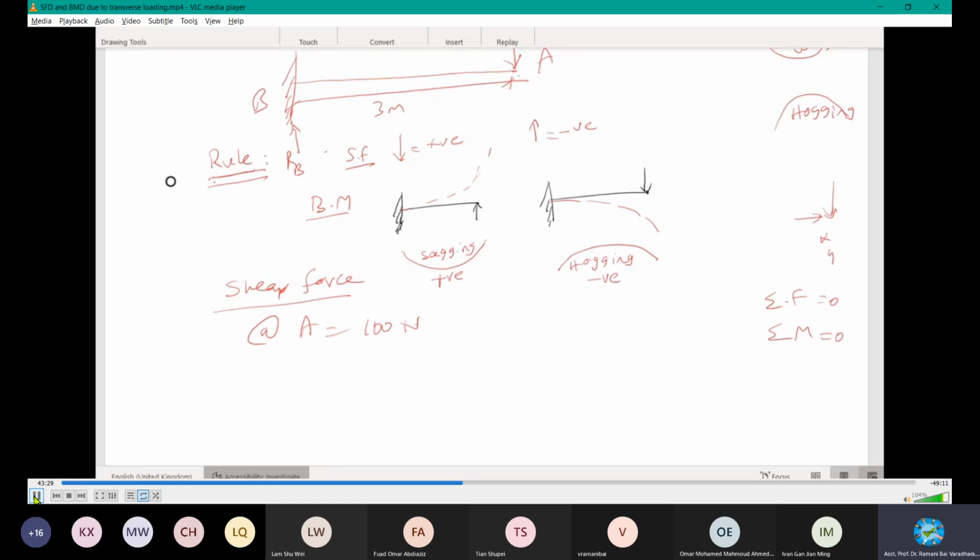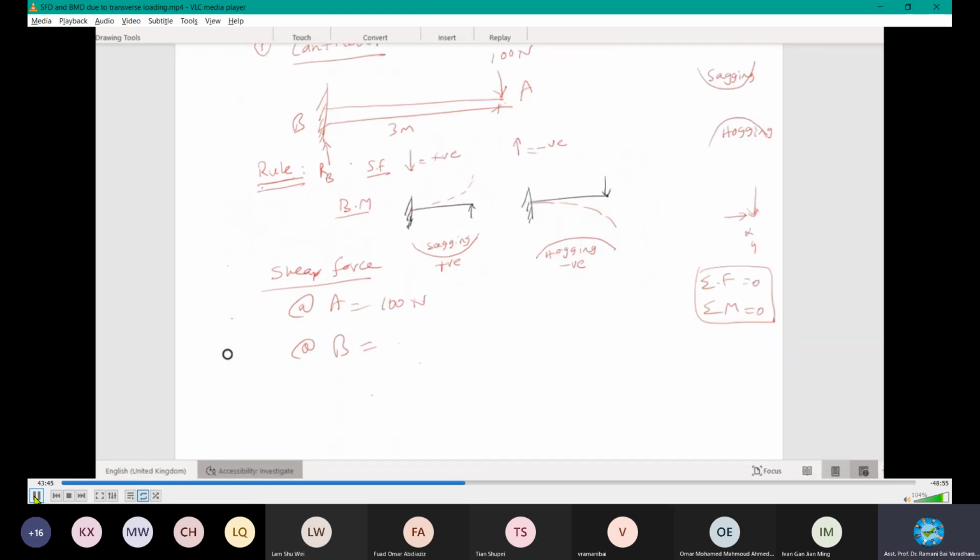So you can use this equilibrium equation to solve this, or by common sense, or by arithmetic summation and subtraction, by observing the diagram. At this point, this is B, right? When it reaches here, until this point it is still 100, positive 100.